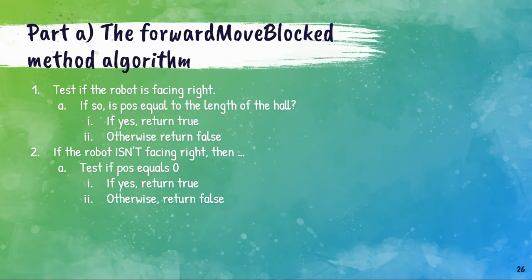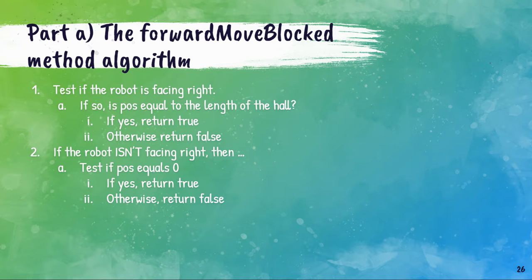All right, so the first part is the forward move blocked. This is going to return a true or a false. I've got to test to see if the robot's facing to the right, and if that is the case, and the position is equal to the length of hall minus 1, then I'm going to return true, false otherwise.